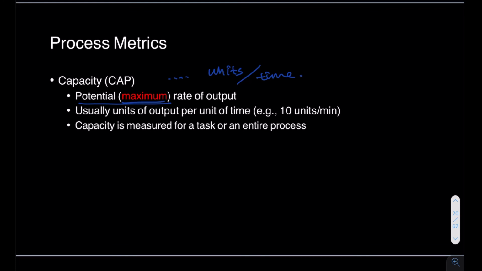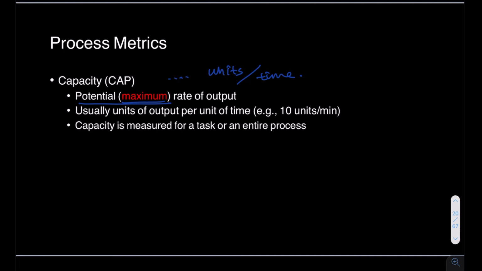Capacity represents the maximum rate of output. This is an important concept. Here, maximum means when the working condition is idealistic, you can see the maximum units you can make for a given time period. That is called capacity.